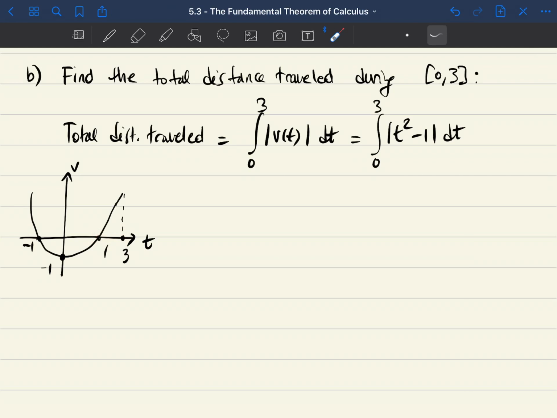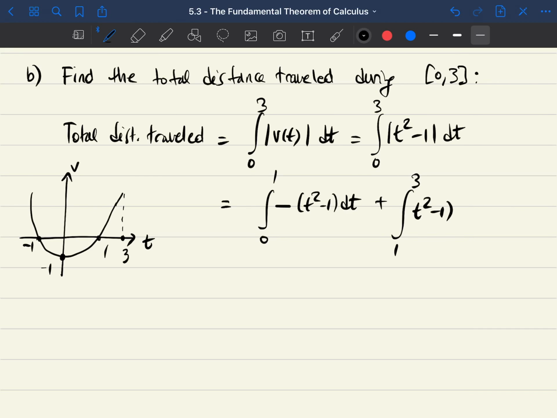So this integral is equal to the integral from 0 to 1 of minus (t squared minus 1) dt plus the integral from 1 to 3 of t squared minus 1 dt. Whenever the velocity is negative, you have to multiply it by a negative sign to make it positive. And in this case, it happens on the interval 0, 1.